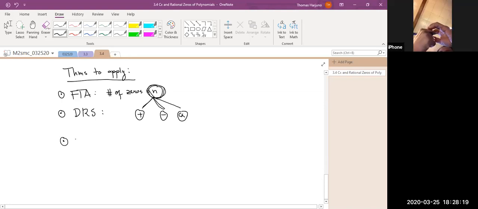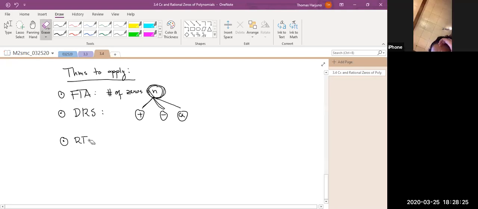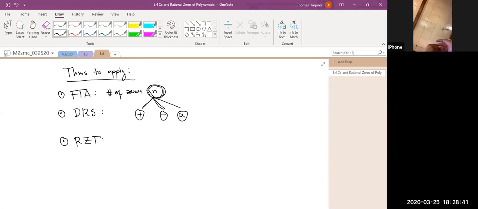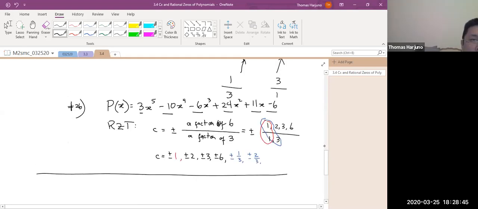The next important one is the rational zero theorem. It helps us see that if I need to guess what the zeros are, I guess first using rational numbers. Imagine I have a polynomial like this fugly polynomial here, and you ask me to graph it.